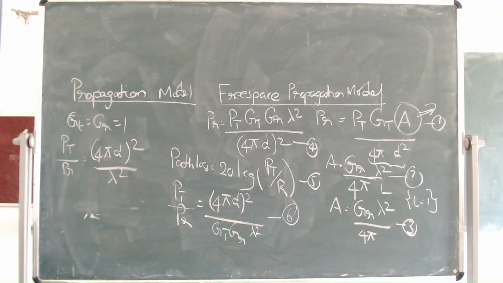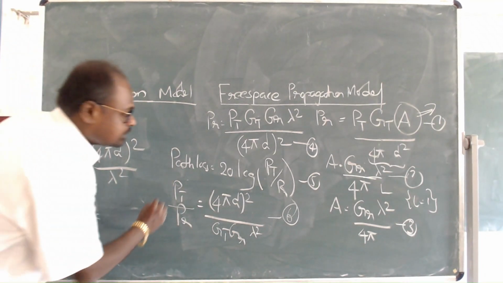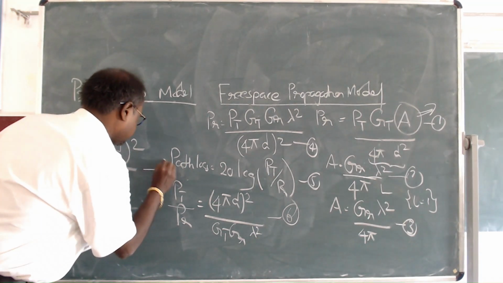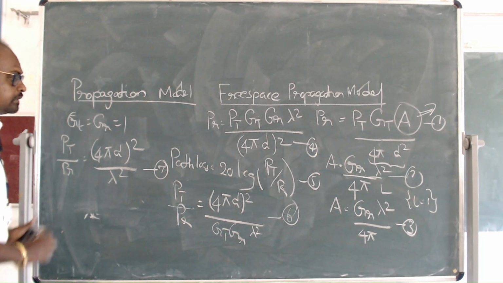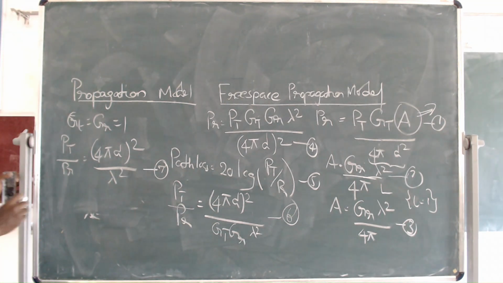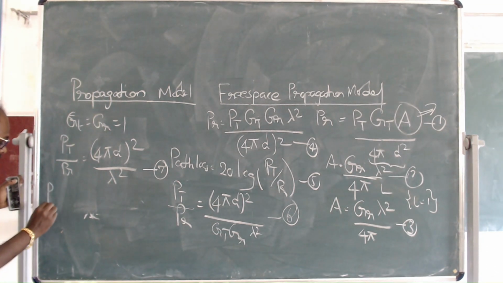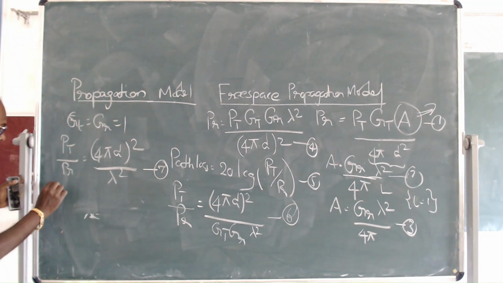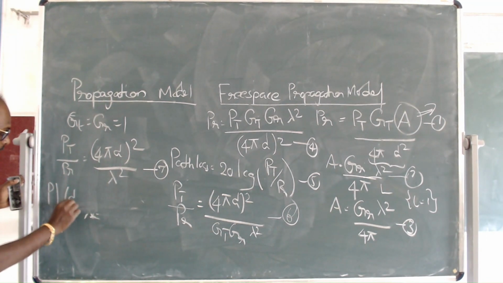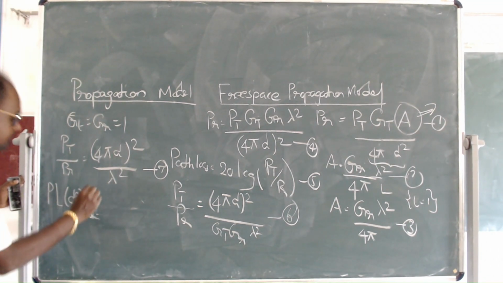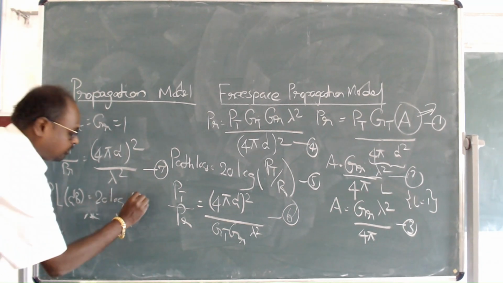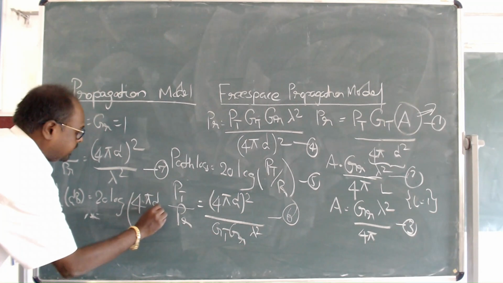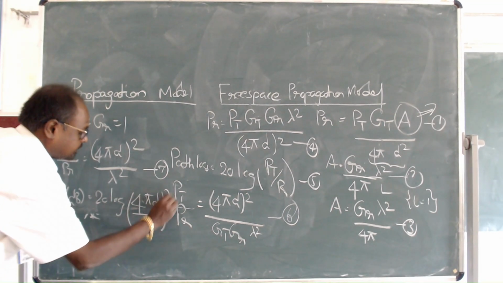Now we are going to substitute equation 7 in equation 5. When we substitute equation 7 in equation 5, path loss, for simplicity denoted as PL in dB, is equal to 20 log of 4 pi d divided by lambda, the whole square.